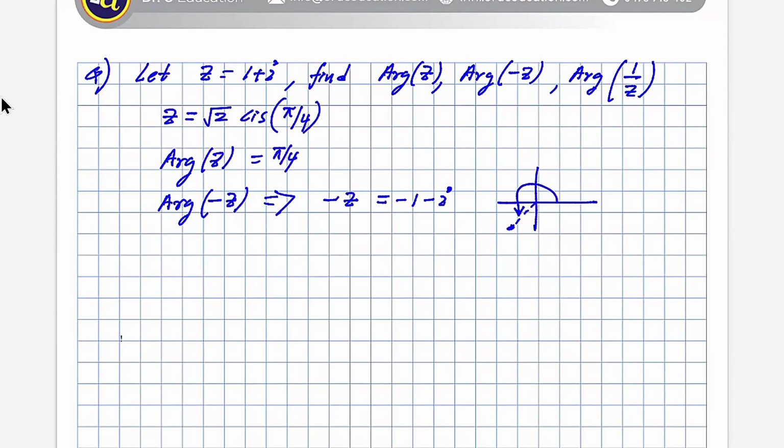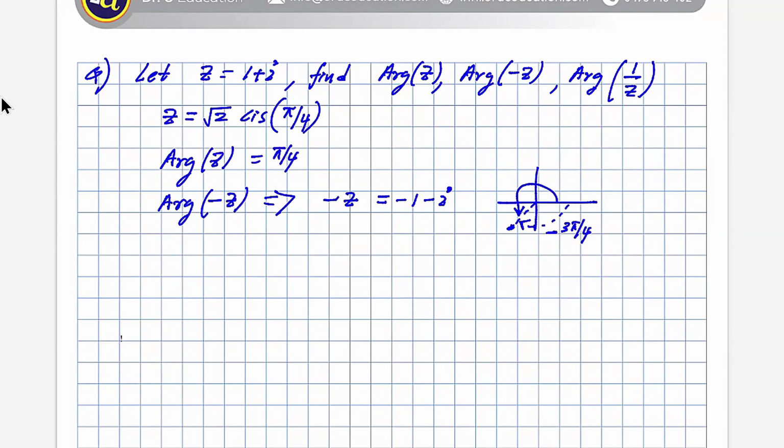There is a thing called principal argument. So that will come later. Don't worry. Now you can take that or you can take this. I'm going to take the other way around. So it's going to be pi divided by 2 plus pi divided by 4. How much is 3 pi divided by 4, right? So it's going to be 3 pi divided by 4. And it's going in the minus direction if you go the other way around, right?